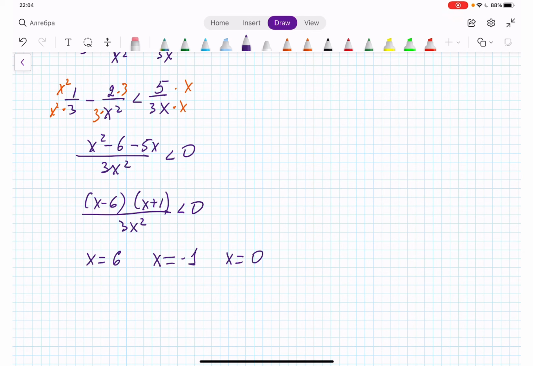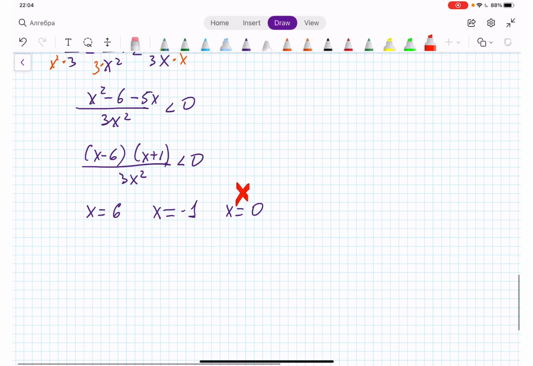Okay, so 6, -1, and 0. So x is equal 0, up front we can say it does not satisfy, because we get division by 0. But 6 and -1, we'll see. We are going to test it out.